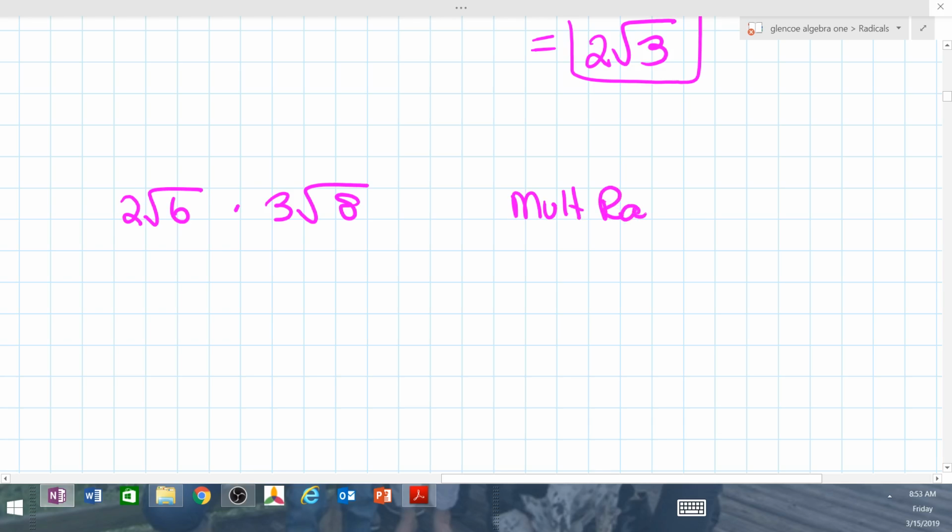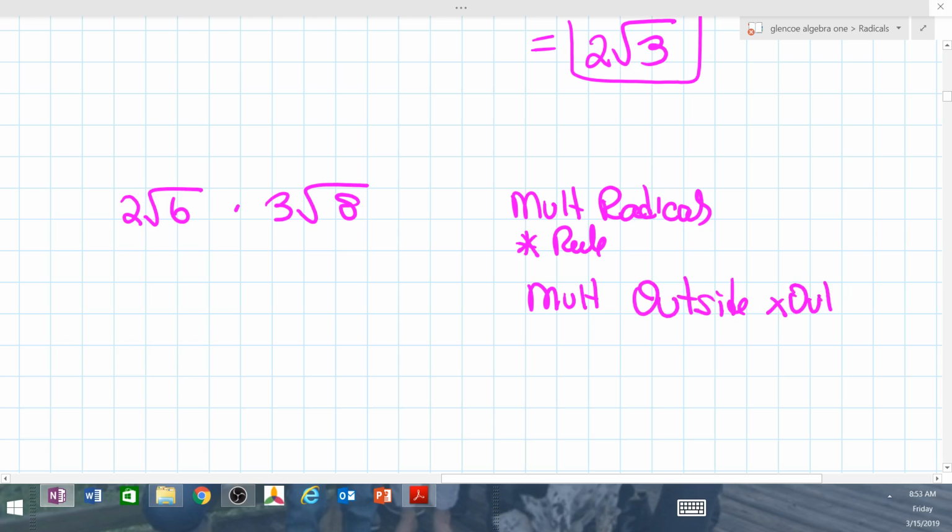Multiplying radicals. So here is your rule. You multiply the outside times the outside. Then you multiply inside times inside.